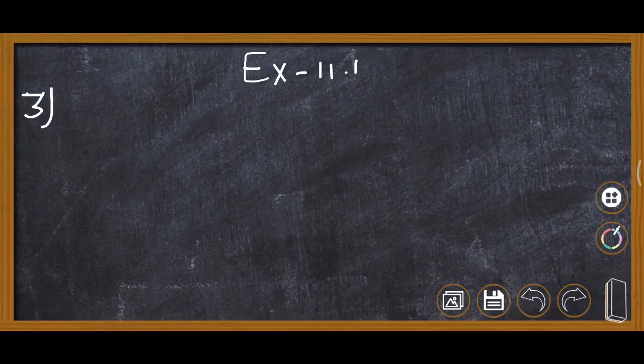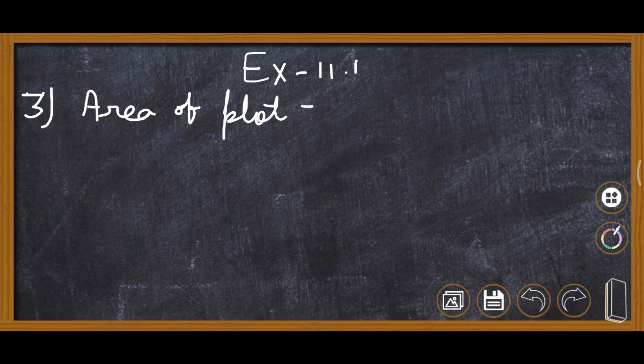Now this is question number 3 of exercise 11.1. Find the breadth of the rectangular plot if its area is 440 meter square, length is 22 meter. So first of all we will write area of plot. Now here you can see this plot is rectangular, means the shape of the plot is a rectangle.